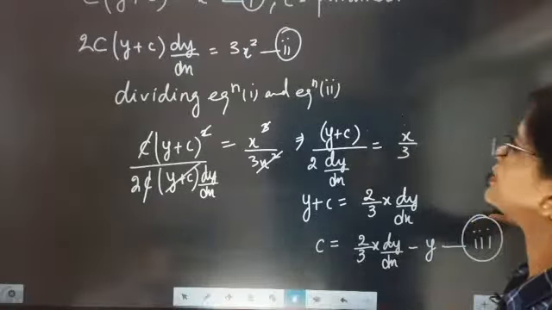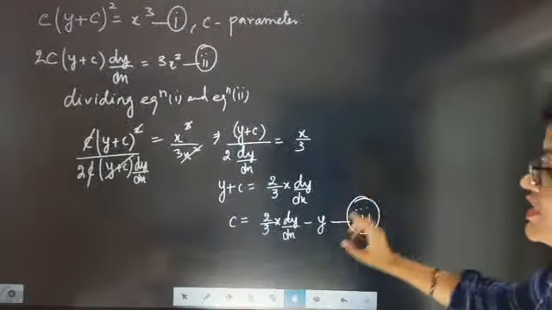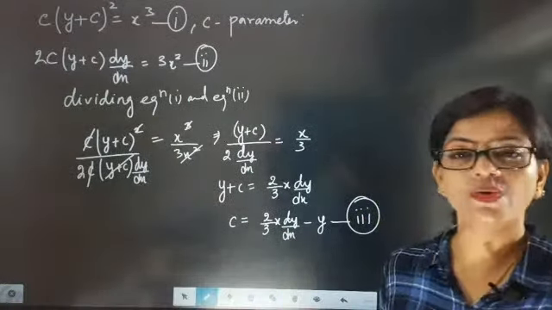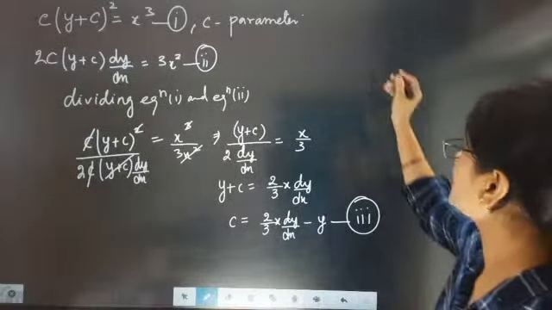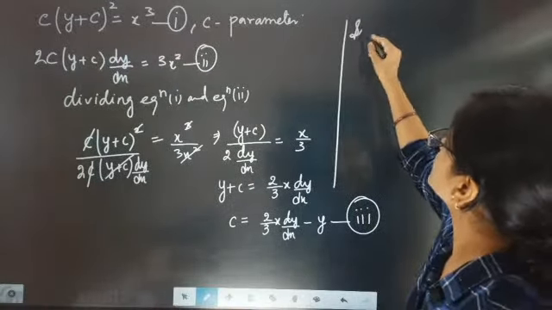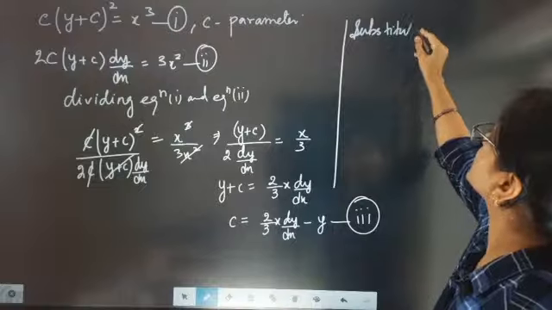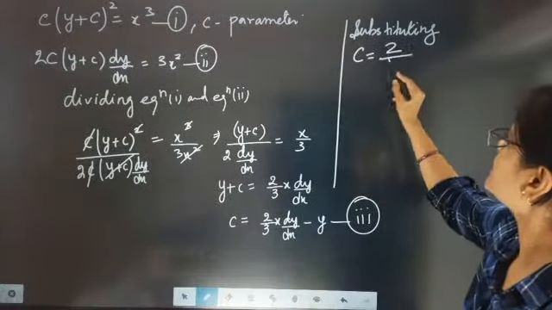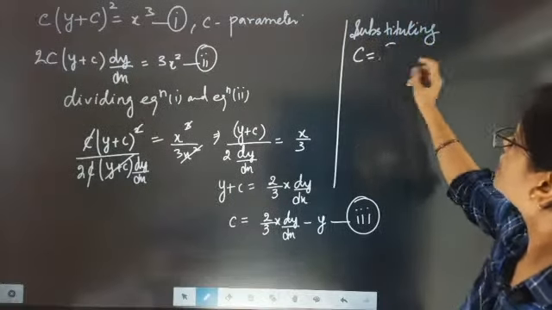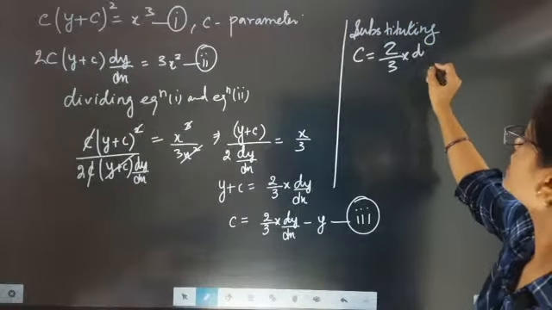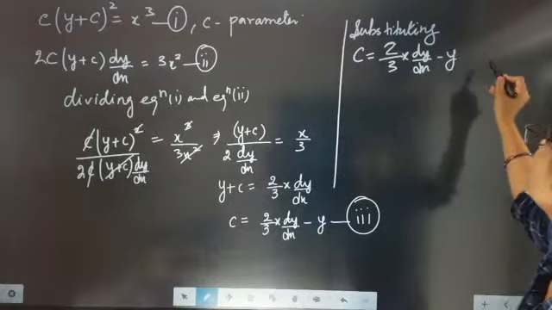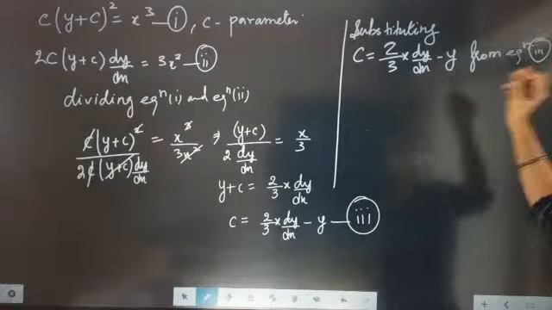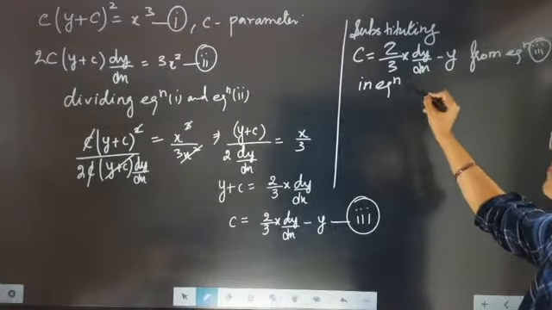Now, with a clever attempt, we are going to substitute the c value in equation 1. So substituting c equal to 2 by 3x dy by dx minus y from equation 3 in equation 1.